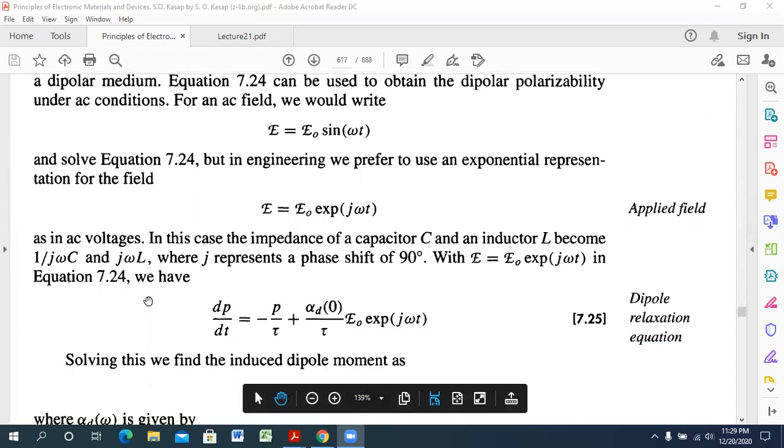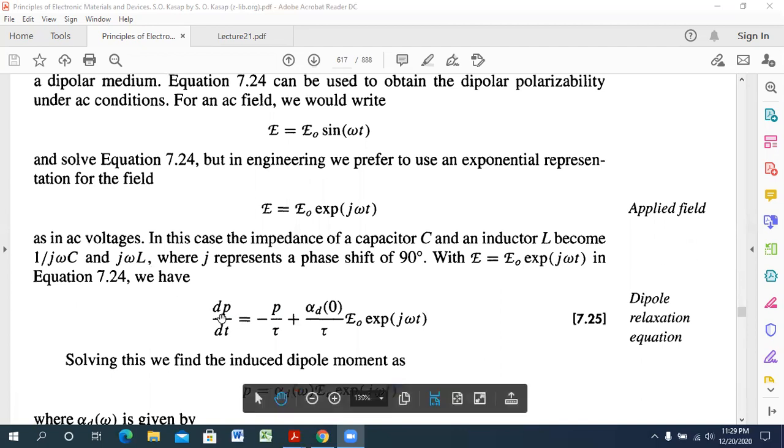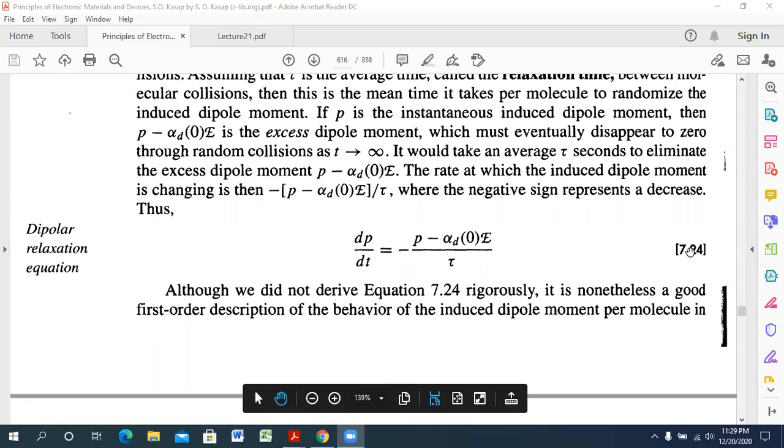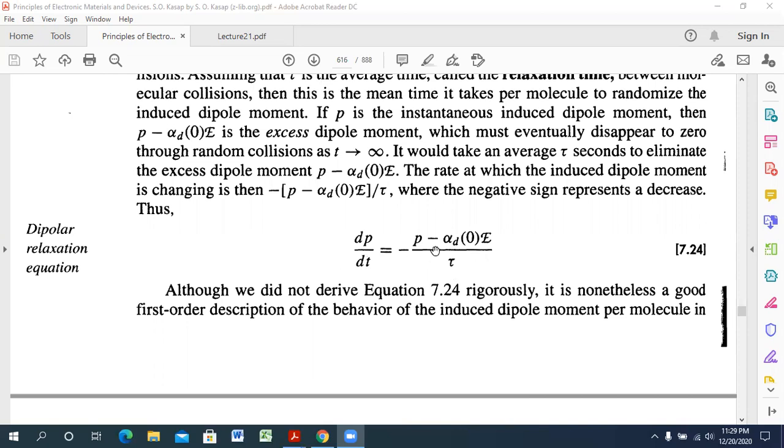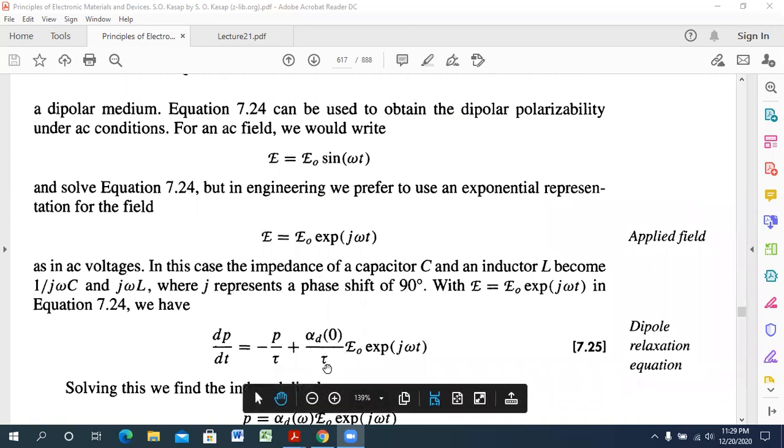Now if we put this value here, then dp divided by dt should be equals to minus p divided by tau. If we look at the equation 7.24, look, p divided by tau, this minus and this minus makes this one plus, so that one is alpha d naught divided by tau.